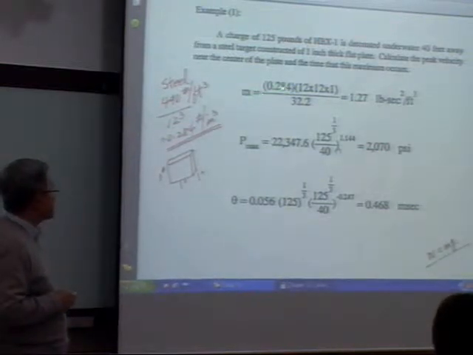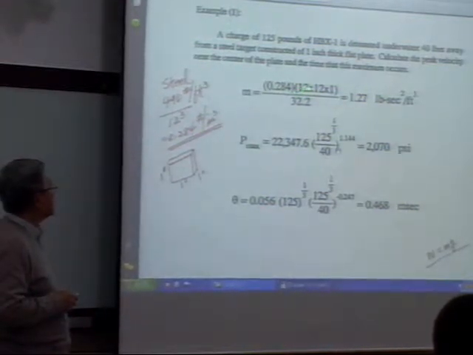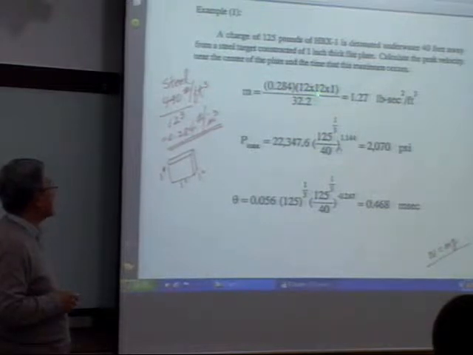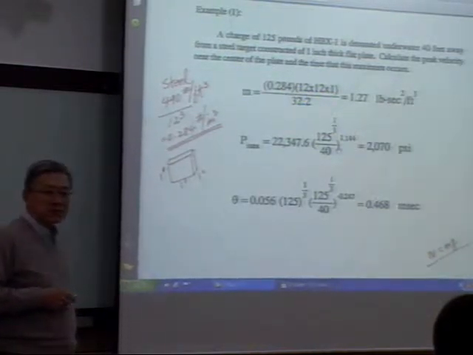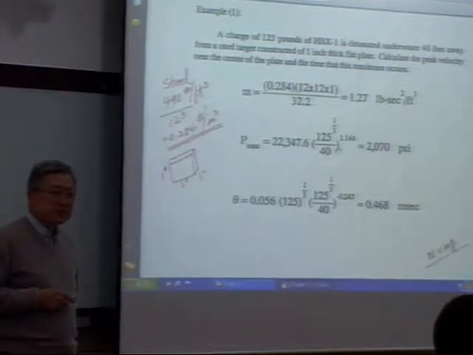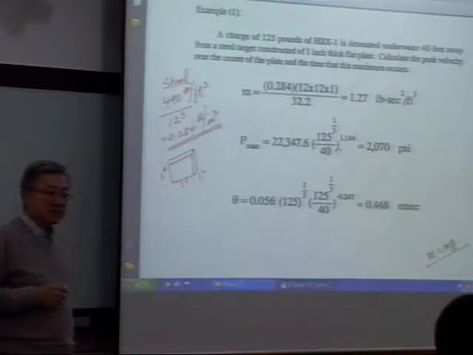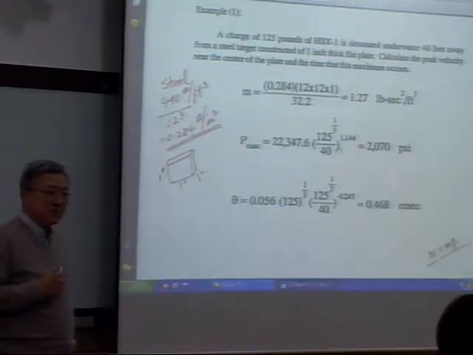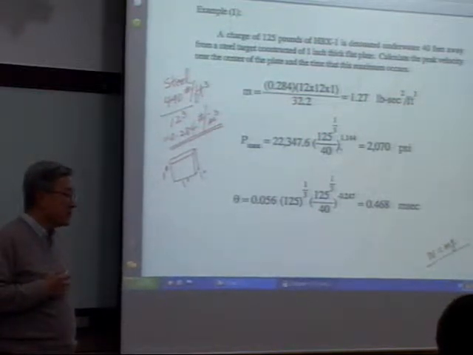Then as far as mass is concerned, this is 0.284. Now I multiply 12 by 12 by 12, then divide by 32.2. What's 32.2? That's the gravitational acceleration, g.